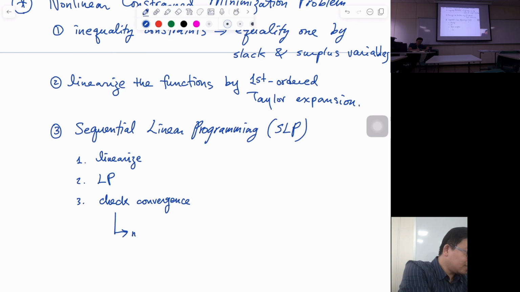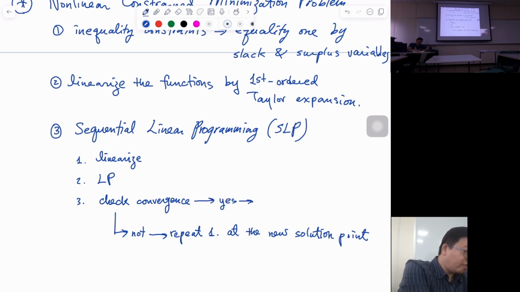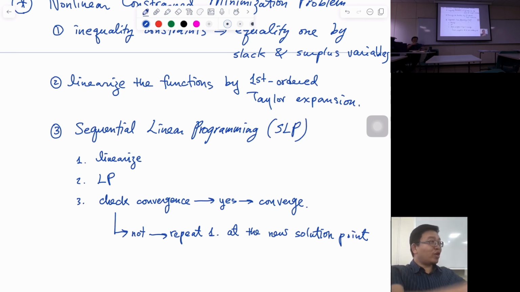If not, they will repeat step 1 at the new solution point. If yes, converge. So basically, they will sequentially linearize the problem, perform linear programming, and see if the solution converges. If not, do it again until everything converges.